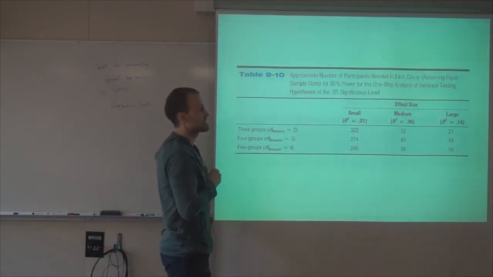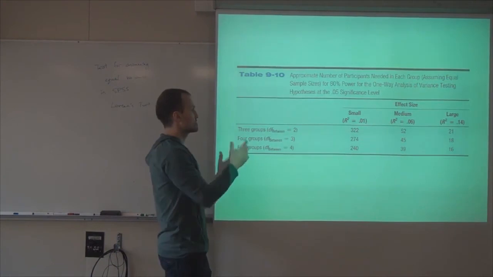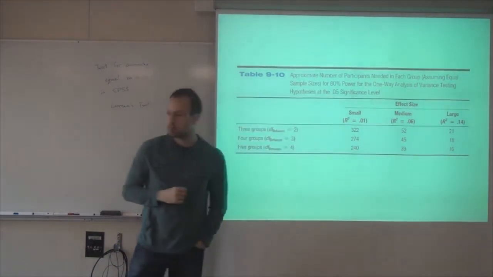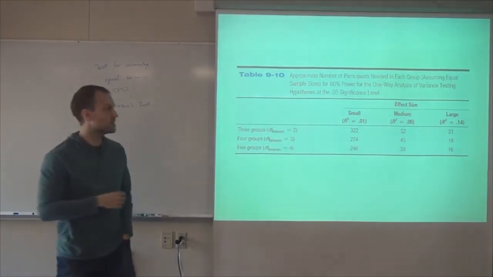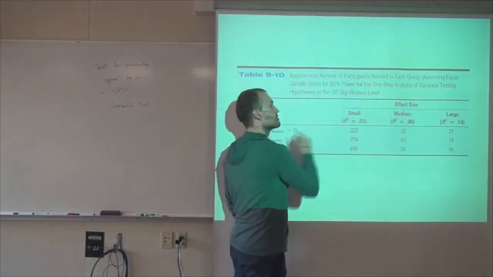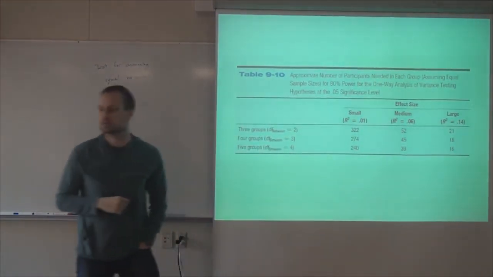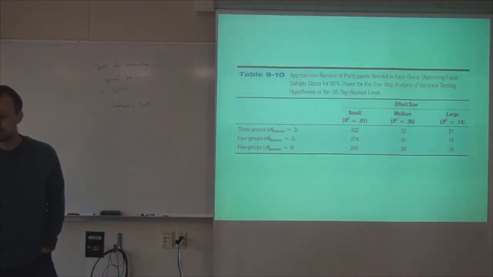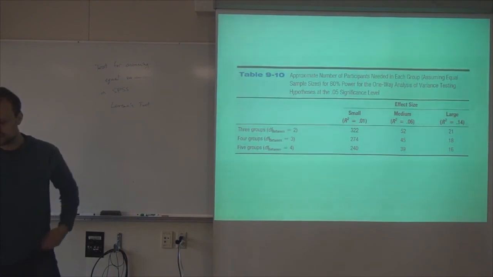What would I need for the sample size to get an 80% power? So if I have a situation with 3 groups and a small effect size, and my sample size is 400, that's higher than the minimum requirement, so I know my power is above 80%. Can't say exactly. It's a limited table.